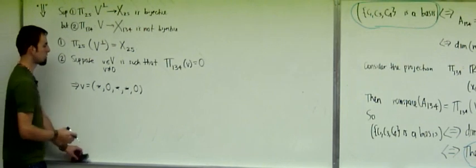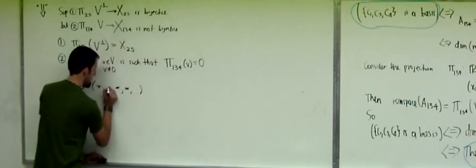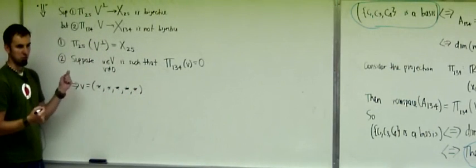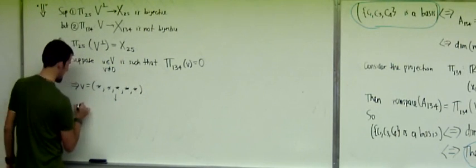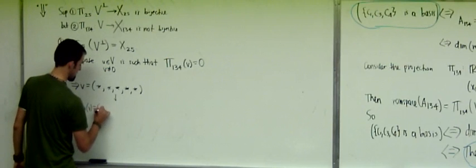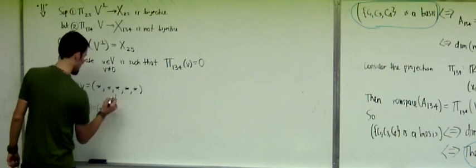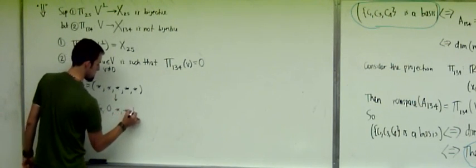So let me say it a little bit differently. If V is like this, what does the projection onto 1, 3, 4 do? It takes this guy and leaves this one alone. This one goes to 0, leaves this one alone, leaves this one alone, and goes to 0.